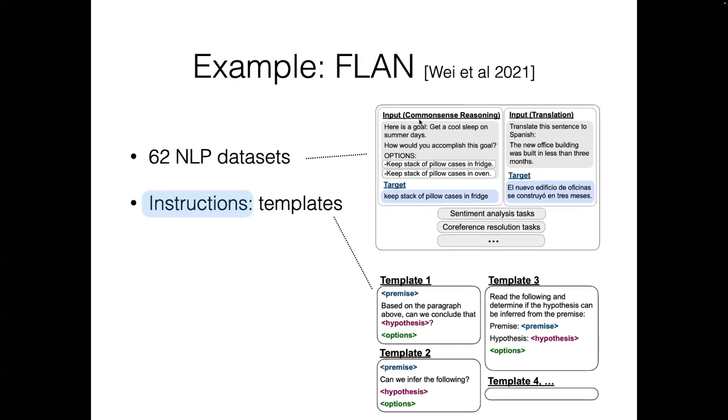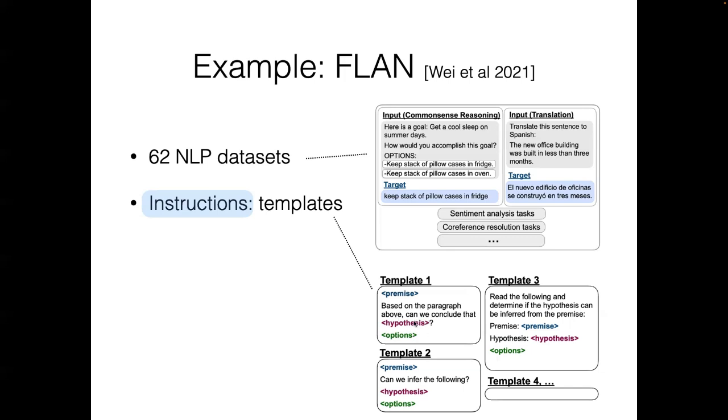So for example, here's a common sense reasoning data set. On the right here is a translation data set. They have sentiment analysis, co-reference resolution, and so on. For each different data set, they manually wrote some number of different templates that created an instruction.